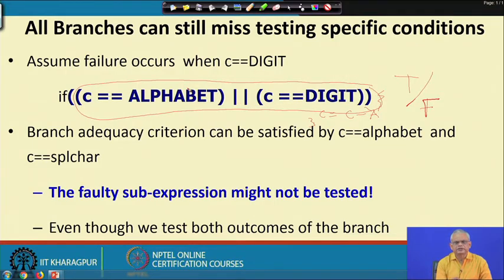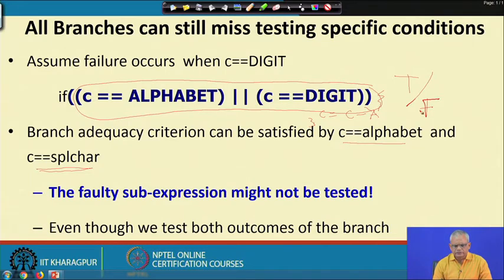Any one of them becoming true will make the branch condition true. Now, let us say that the second test case is a special character, like a control character. Now, when we evaluate the expression, C is not an alphabet and C is not a digit, and therefore it becomes false.